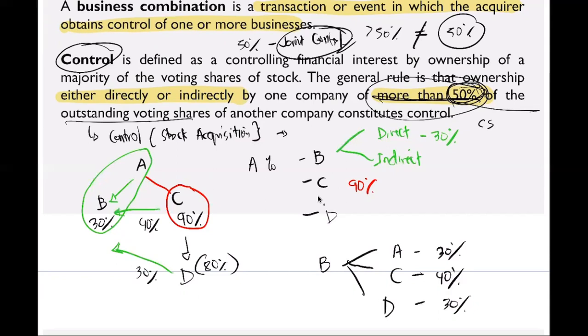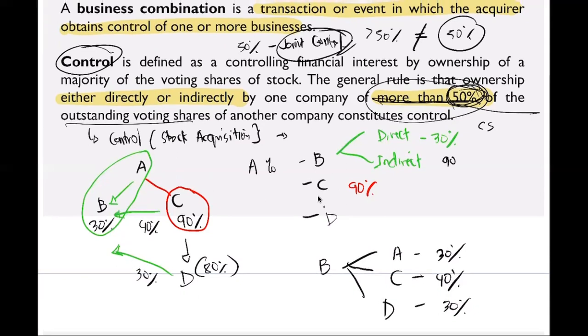Since we own C at 90% and C owns 40% of B, how much then is the ultimate ownership of A out of B? C owns B at 40% and we own 90% of C. So that will give us 0.9 times 0.4, which is 36%.